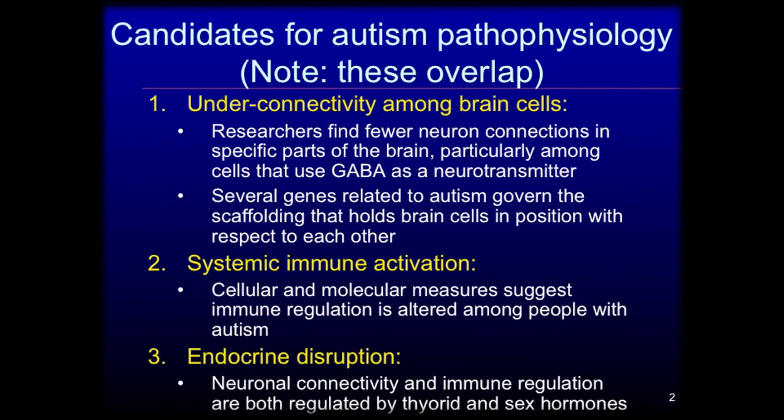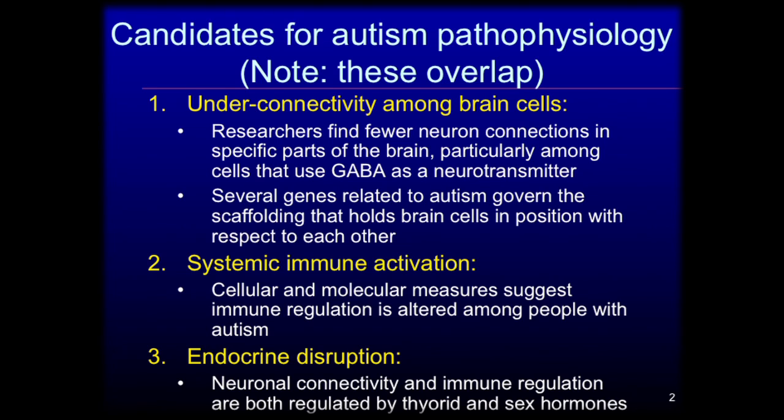I would say that one category of pathophysiology is underconnectivity of the brain cells. That's a theme that emerges when people look at abnormalities that people with autism have compared to their normal controls. People find fewer neuron connections in specific parts of the brain, both cortical and subcortical, particularly cerebellar, and pretty specific to GABA-mediated neurons.